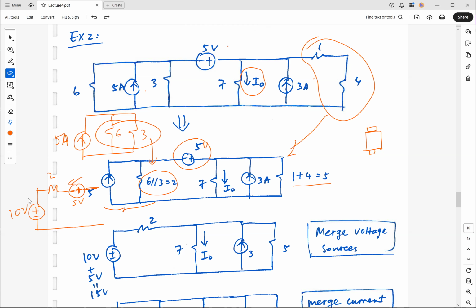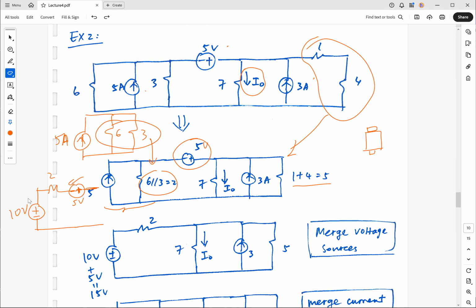Still I have two different source types, one voltage source and one current source. So I still need to change one of them into either a voltage source or current source. If you look at the variable of interest, it is I0, I naught.